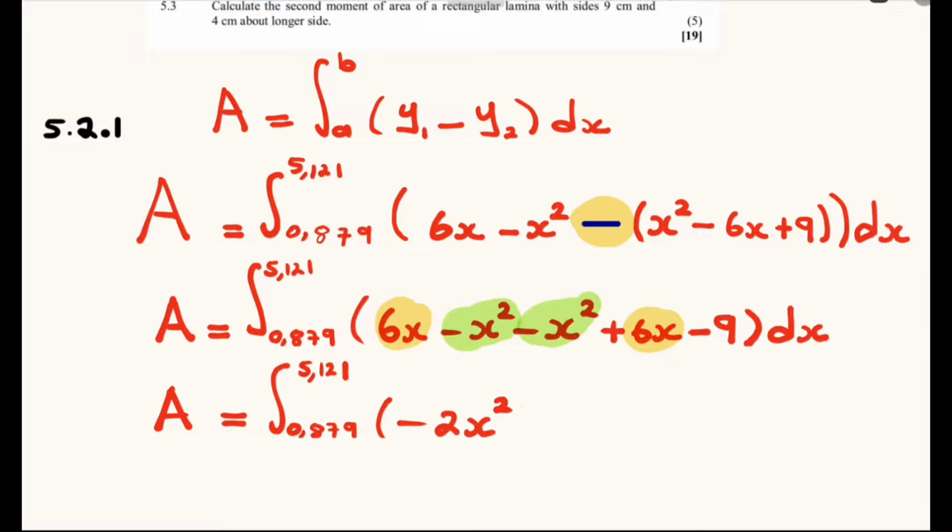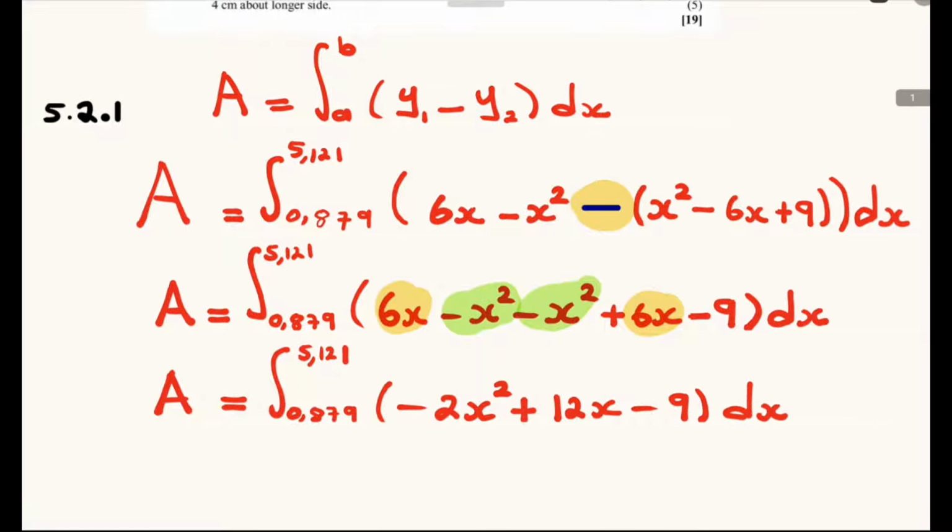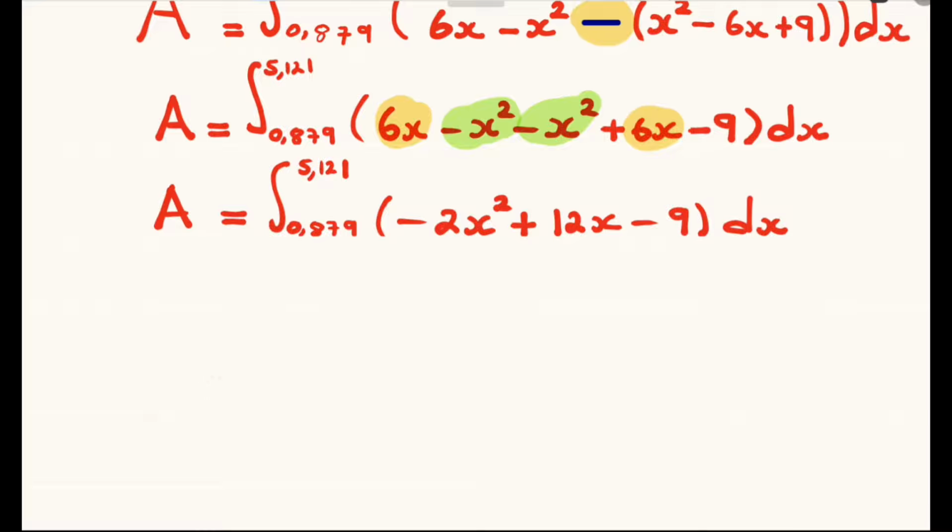So you have negative 2x squared plus 12x minus 9 dx. So now we can integrate.